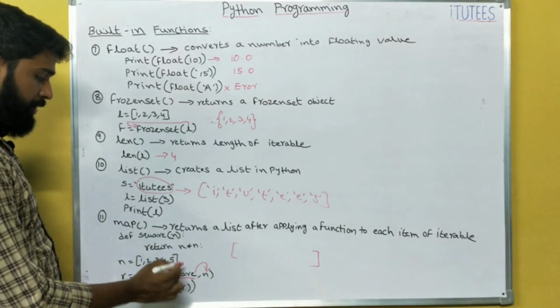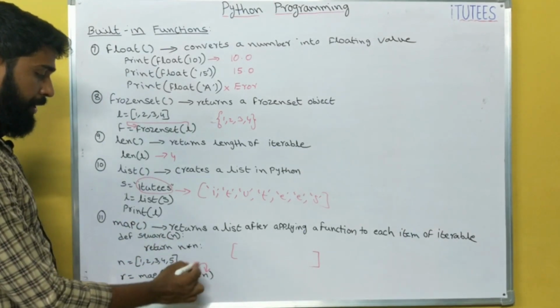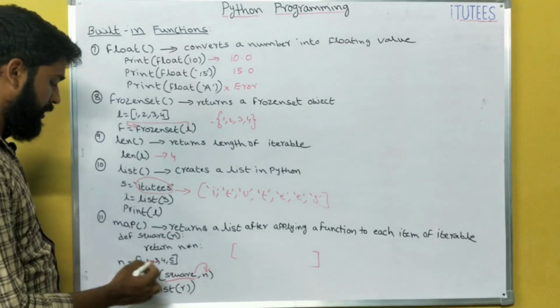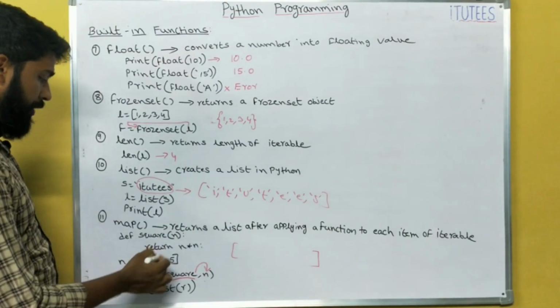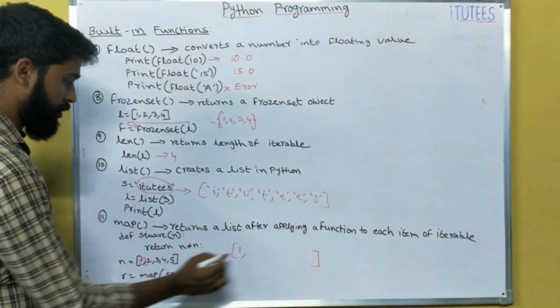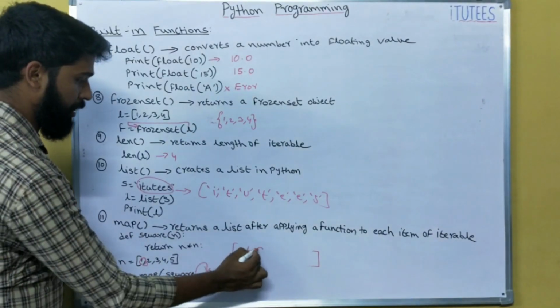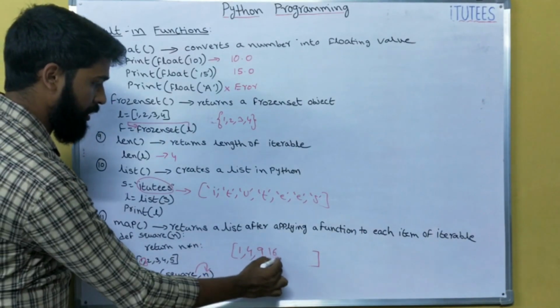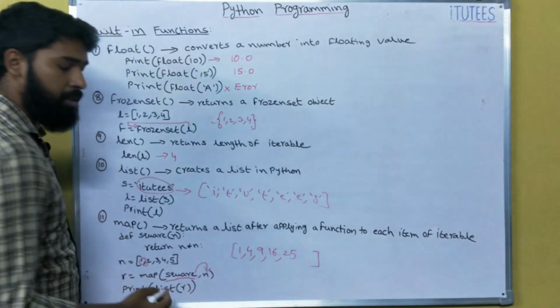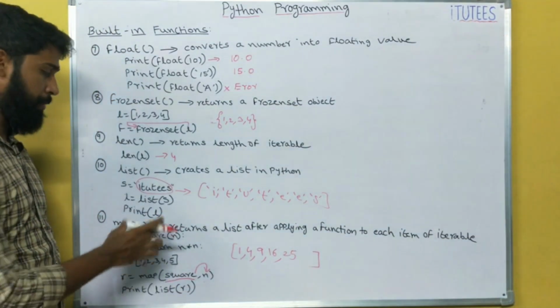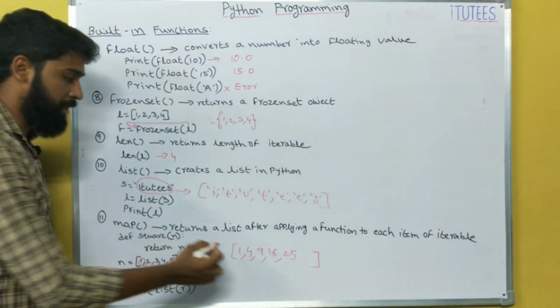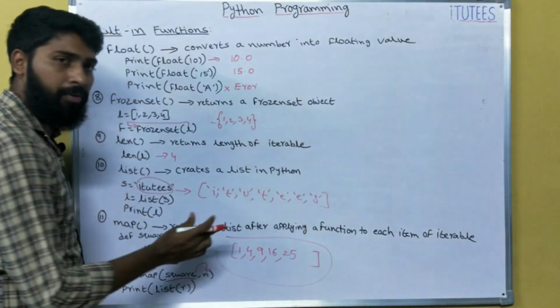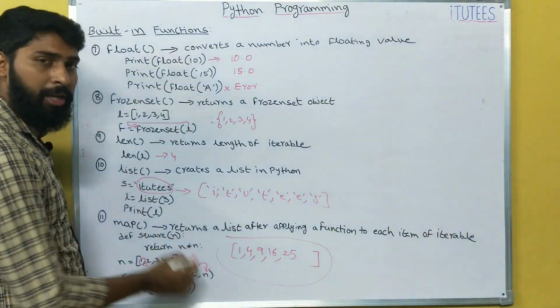This is the square function. Now this square function is applied on all the items in the list. 1 square is 1, 2 square 4, 3 square 9, 4 square 16, 5 square 25. This is the purpose of the map function.